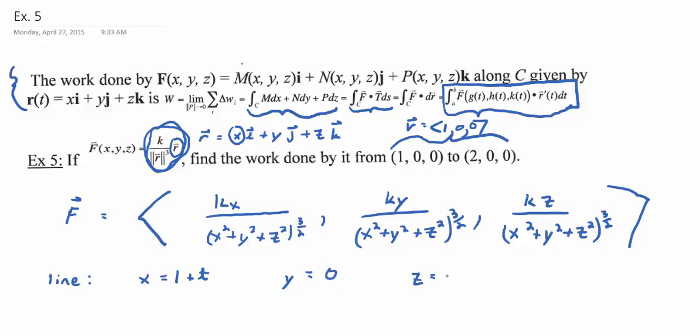So y equals 0 and z equals 0. Now, to answer your question, what would t have to run from so that the initial point is 1, 0, 0 and the terminal point is 2, 0, 0? t runs from 0 to 1.